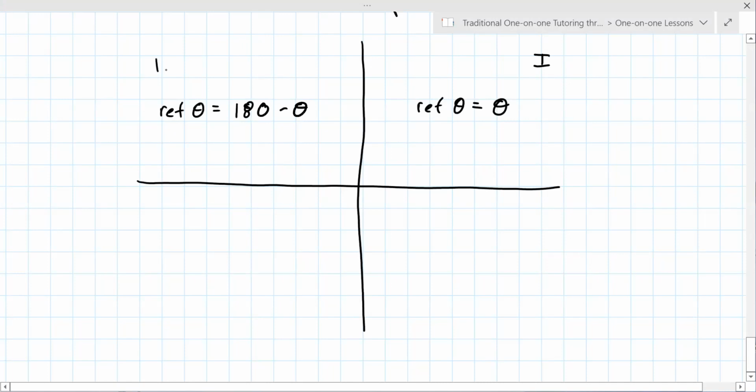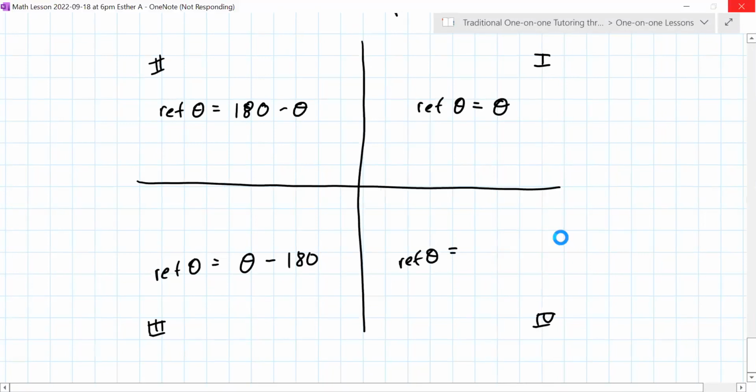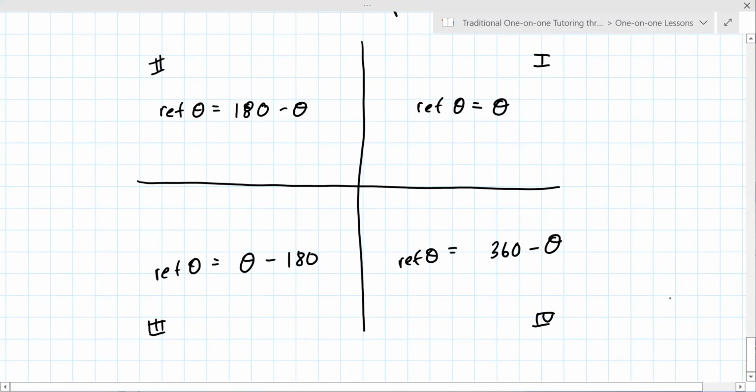In quadrant 3, the reference angle is the angle minus 180. In quadrant 4, the reference angle is 360 minus the angle. Sorry, I don't know why it's timing out like that. See how there are 4 different references? That's my concern, that's a lot to remember, but maybe that will help you in the short term.